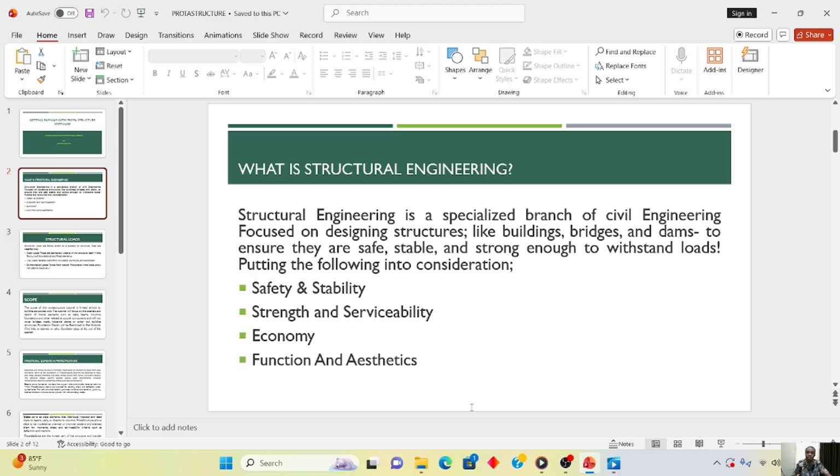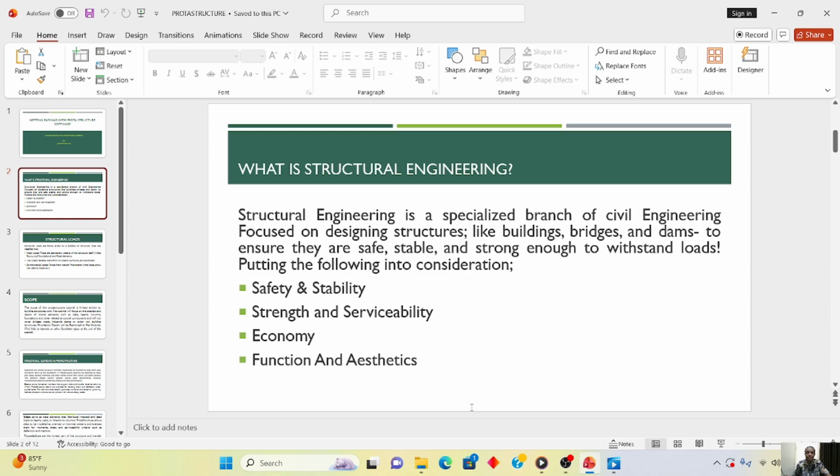But when it comes to economy, let's say for instance, I designed my beams or even the slab to use 8 mm rods. Let's use our slabs. Maybe I designed my slab to use 10 mm rod. Let's use 10 mm. And during execution, 16 mm rods were now used.